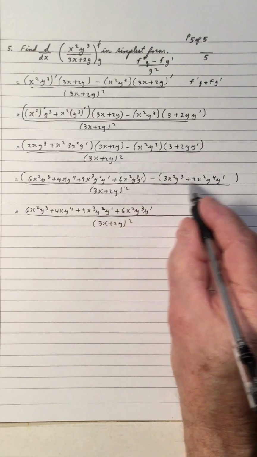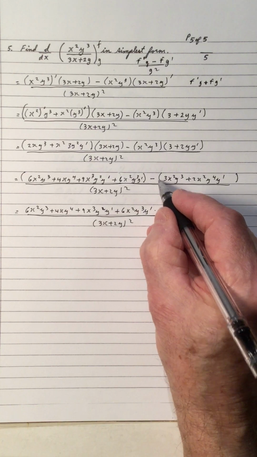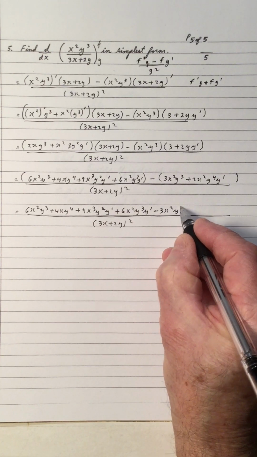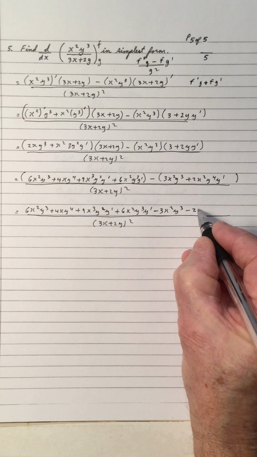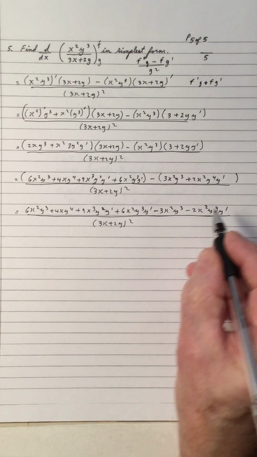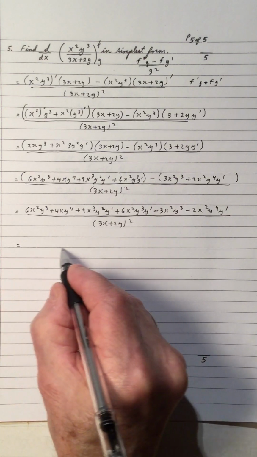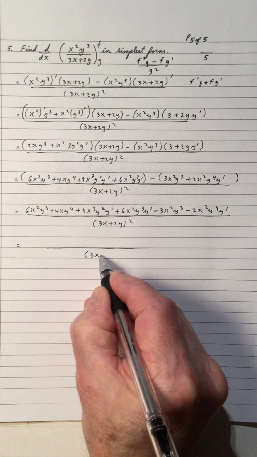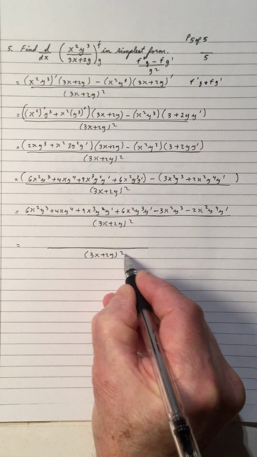And we're subtracting, so we add the opposite, or multiply by negative 1: negative 3x squared y cubed minus 2x squared y to the fourth y prime. And we got 3x plus 2y squared.